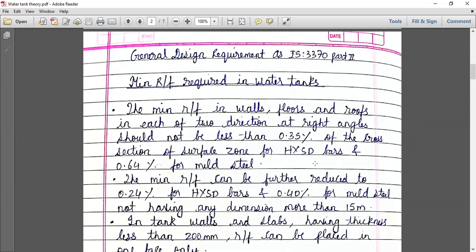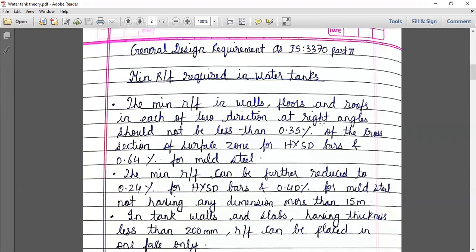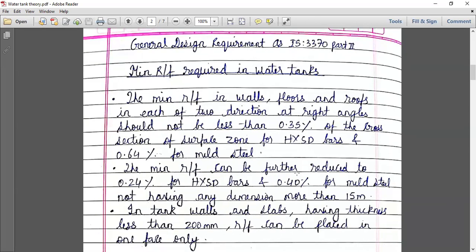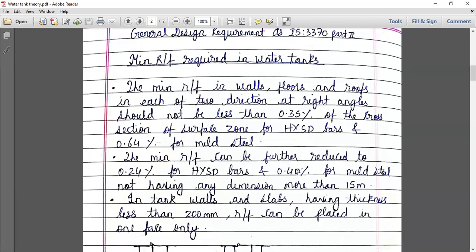This is the same as we have seen in the IS code, so you can make a note of this. These criteria you should remember before starting with the design of water tanks.